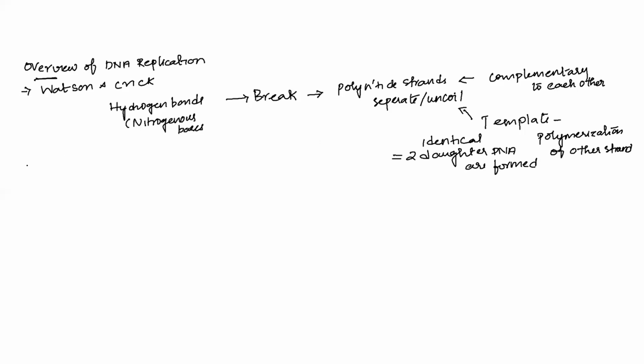Now, because of its specificity of base pairing, each nucleotide of the separated strand will attract its complementary nucleotides from the cell cytoplasm. Once the hydrogen bonds are formed and attached to the nucleotide, what will happen?